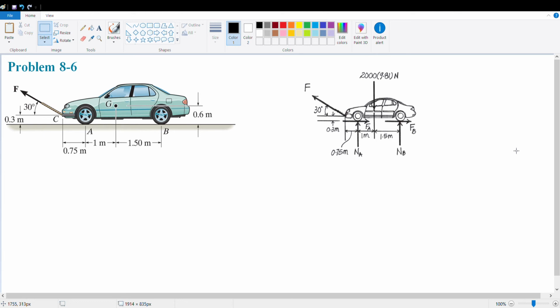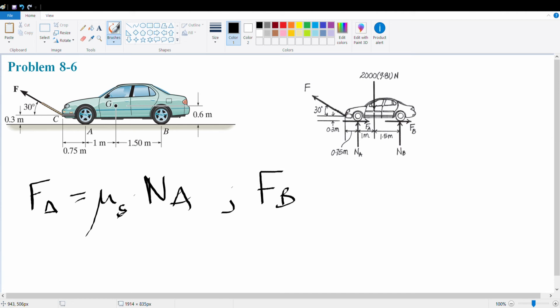So this force has to be equal to the maximum friction force that the two tires can produce. In the case of A, this is the coefficient of static friction times NA, and equally for B, the coefficient of static friction times NB.